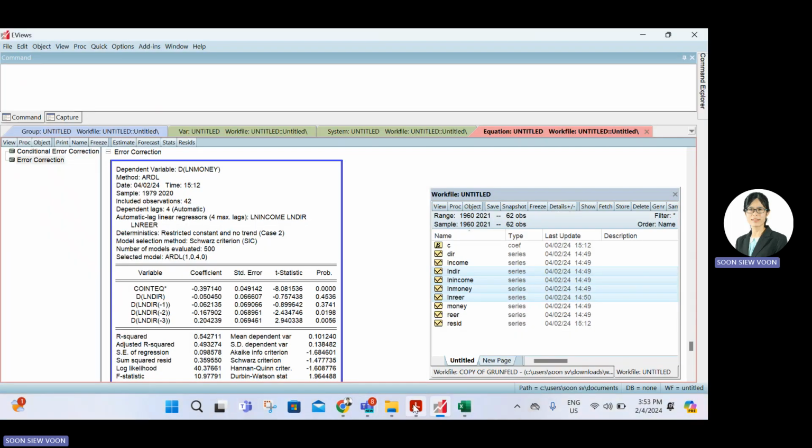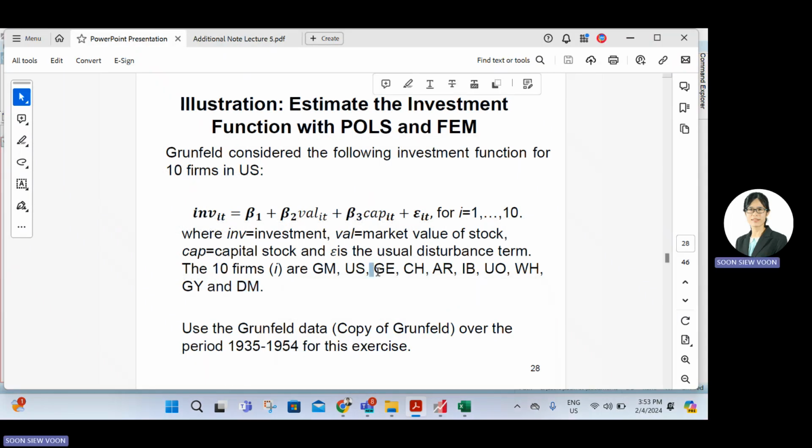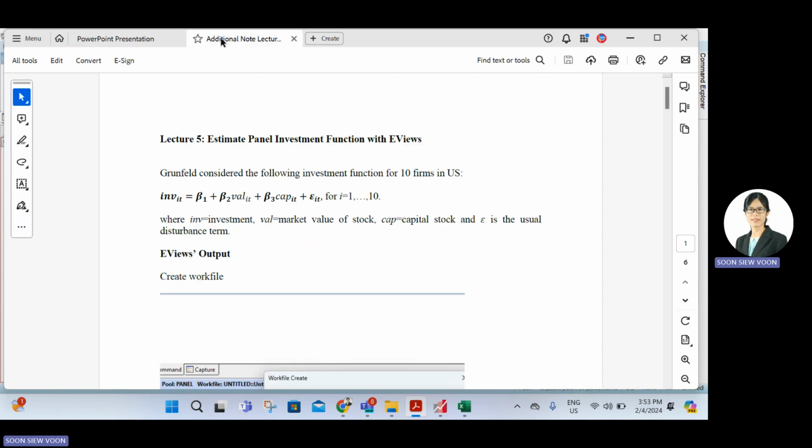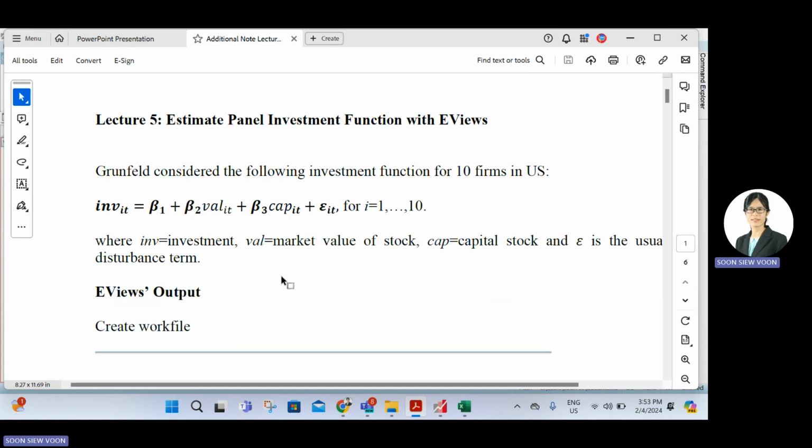So you can estimate the investment function with the pooled OLS and the fixed effect model. You can follow the guideline here, which follows the investment function for the ten firms.